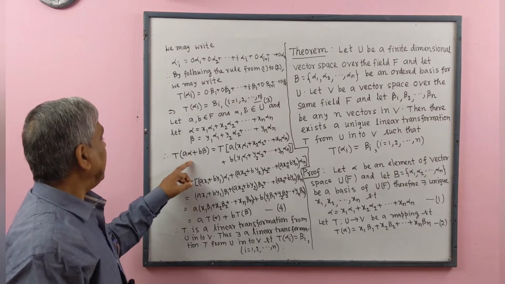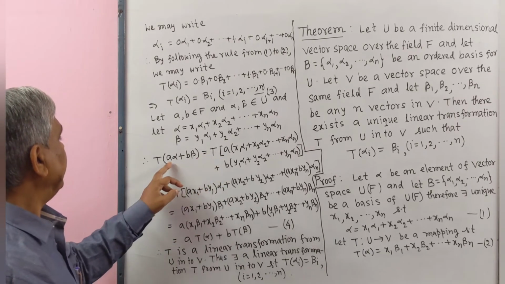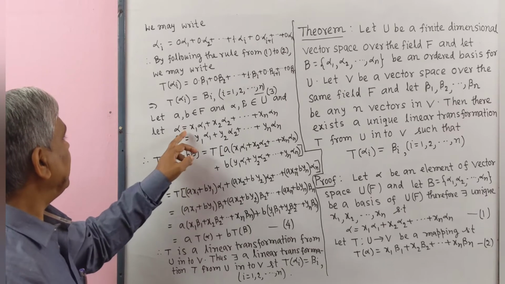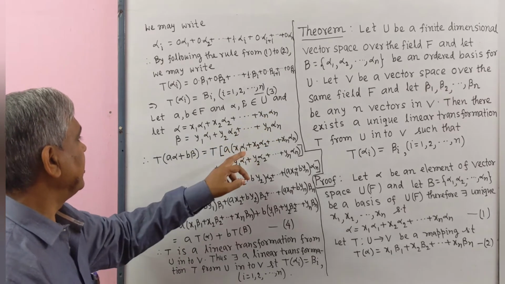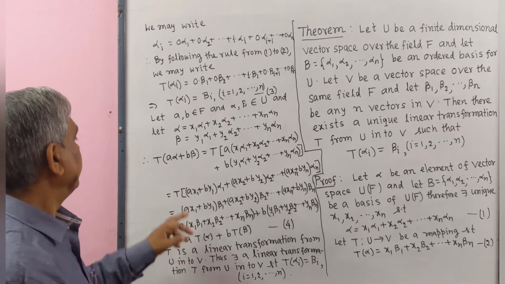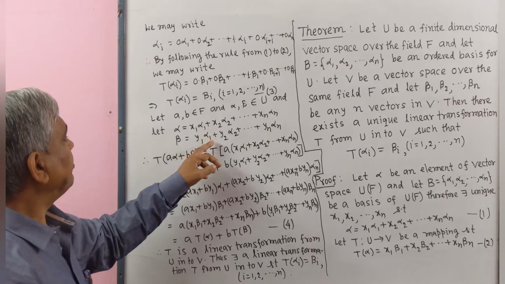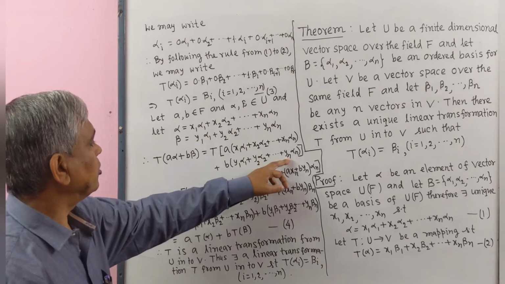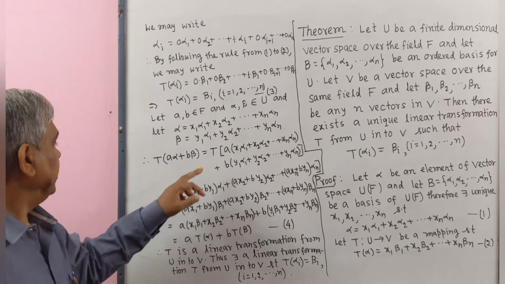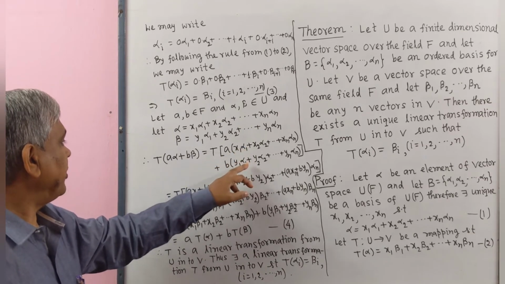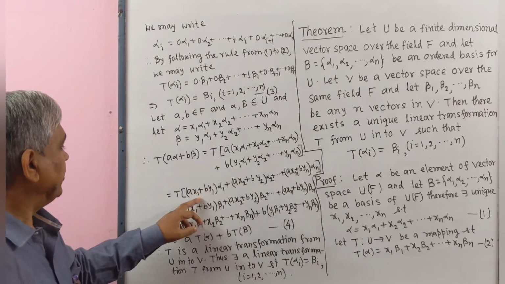Therefore, T of a alpha plus b beta equal to, we write T, we write a, in place of alpha we write this x1 alpha 1 plus x2 alpha 2 plus ... plus xn alpha n, plus we write b, in place of beta we write y1 alpha 1 plus y2 alpha 2 plus ... plus yn alpha n, equal to T, we take common alpha 1, then we get a x1 plus b y1 here.